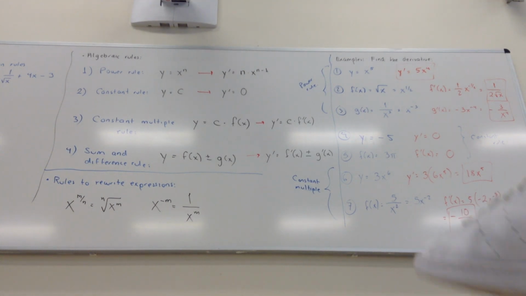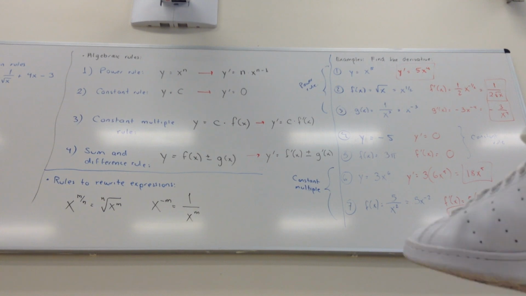Rewrite, but rewrite everything if you can. If something doesn't need to be rewritten, you just leave it like that. You need to rewrite this one, you rewrite. Don't find derivatives yet. Just rewrite everything. So, again, first step, rewrite.